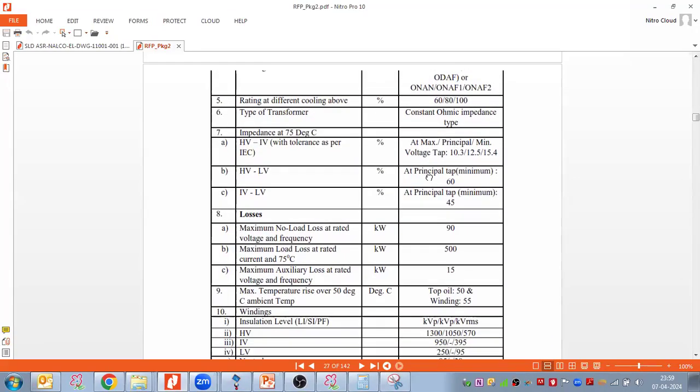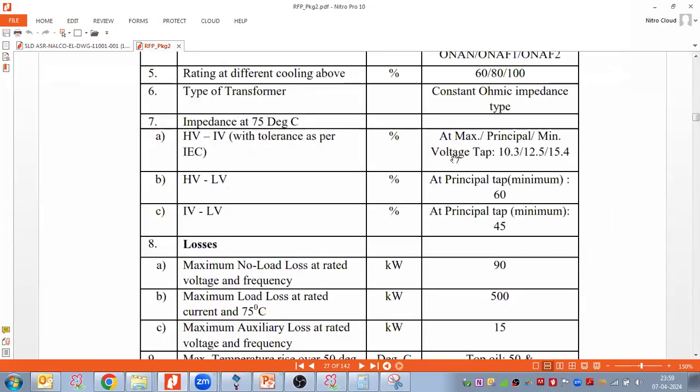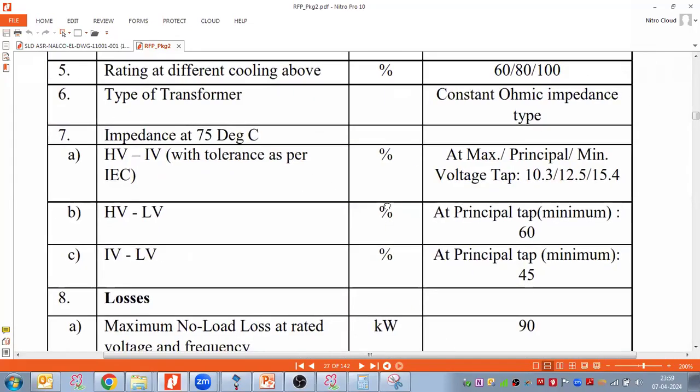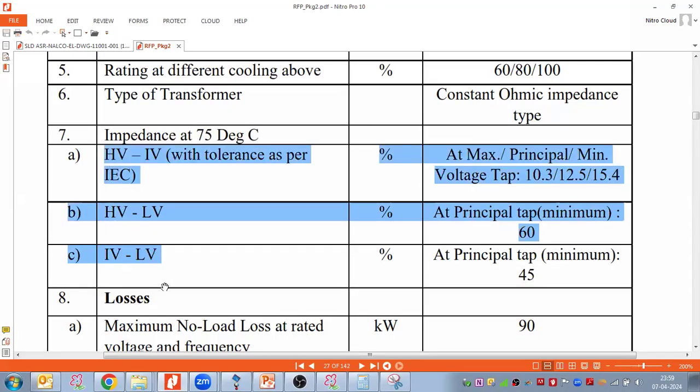Yes sir, this one is 7.8. Could you see here now? HV to IV, then HV to LV, then IV to LV, right? The impedance values here are 10.3, 12.5, 15.4 at maximum, principal and minimum tap. We have 3 taps, right?